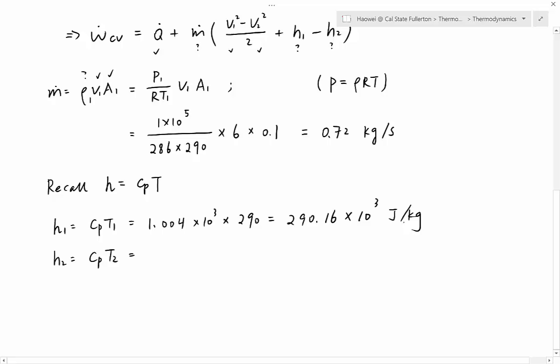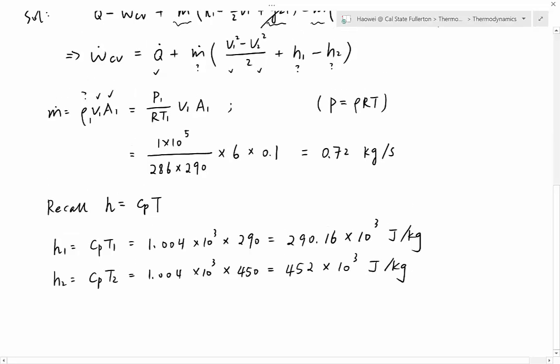Then we repeat for h2. T2 is 450 Kelvin. The solution is 452 times 10 to the third. So now we have everything on the right-hand side. What we need to do now is just plug in everything to the right-hand side.